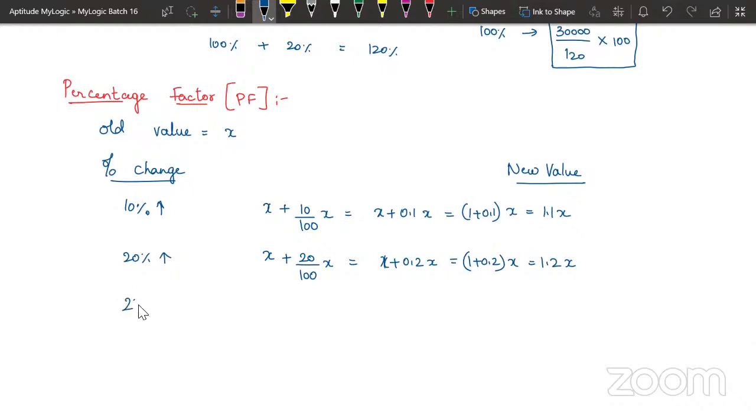Now I will write for 25% increment. I will directly write here. It is 1 plus 0.25 into X, that gives you 1.25X.